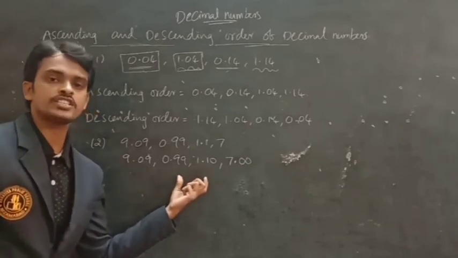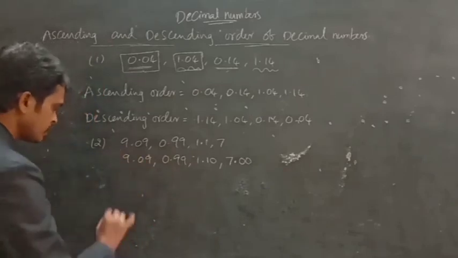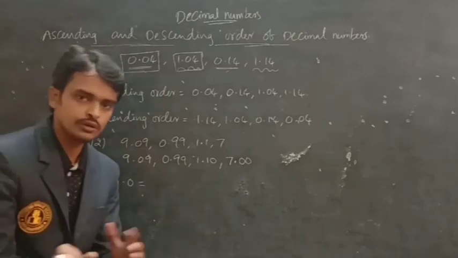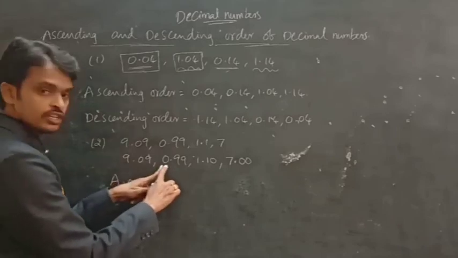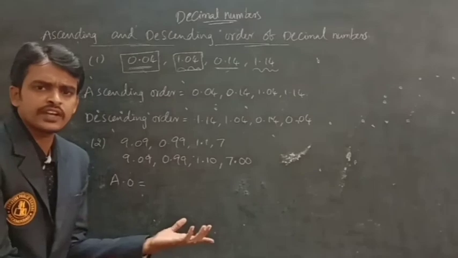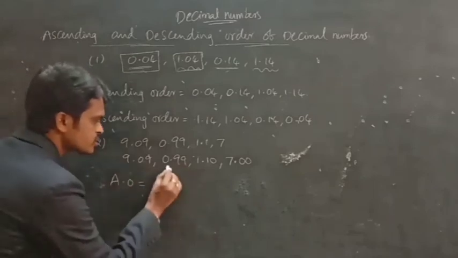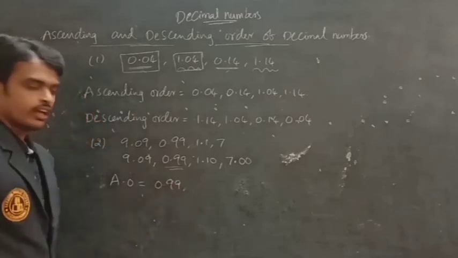After comparison, we will write the ascending and descending order. First let us go for ascending order, smallest to biggest. Here the whole parts are 9, 0, 1, 7, so we can easily identify. The one whose whole part is less, 0, we write first: 0.99.